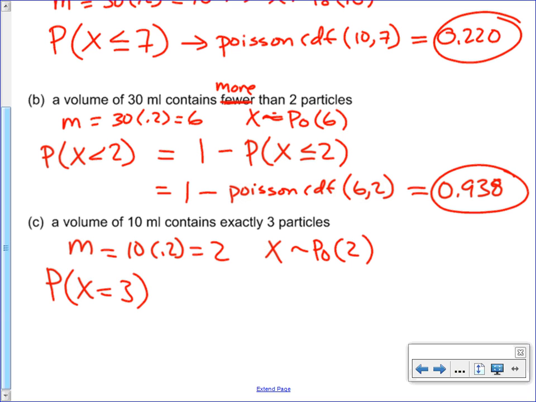So on your calculator, it's going to be Poisson PDF. That was the PDF. Is the difference, right? And then it goes 2, 3. 0.180.